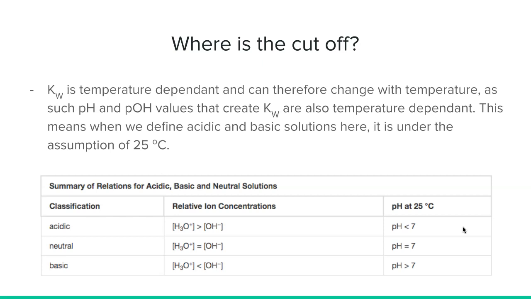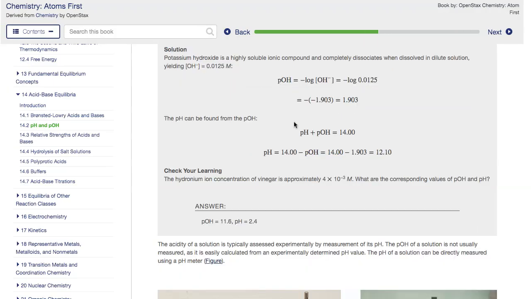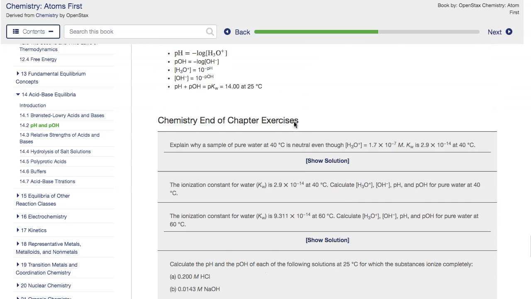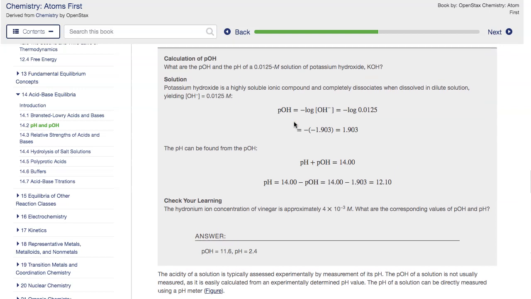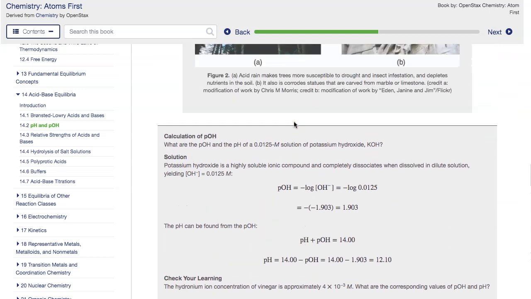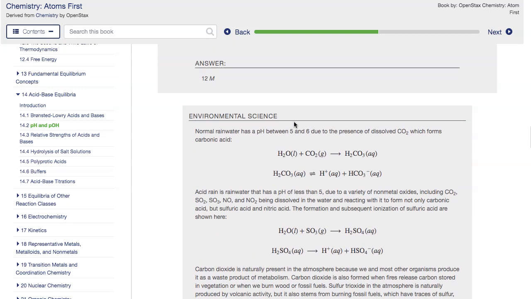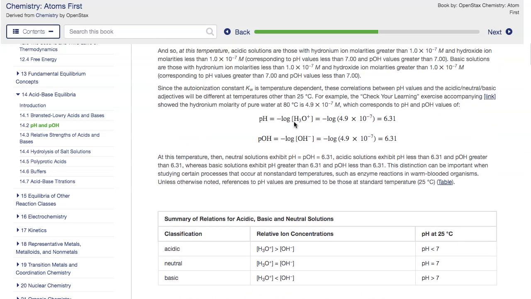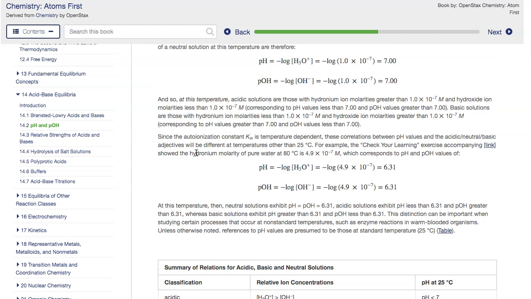If you want more information, you are welcome to go over to your book, which I just brought up here, and you can see that they do have some examples in here where they talk about the difference with the temperature. So I would encourage you to go through here. I'm actually trying to look at where that specific example is. Here it is, right here.